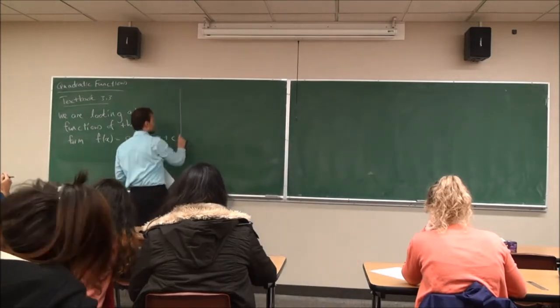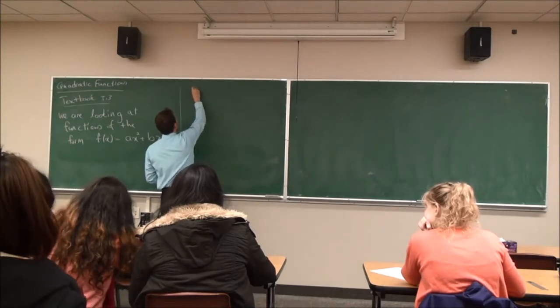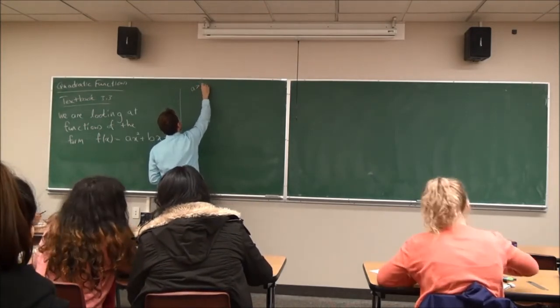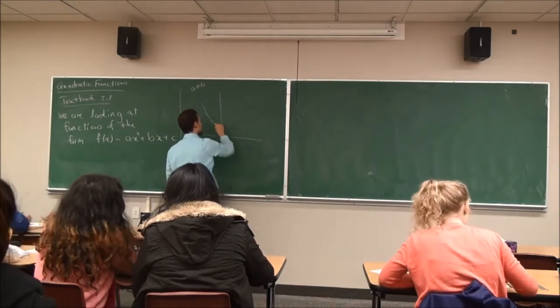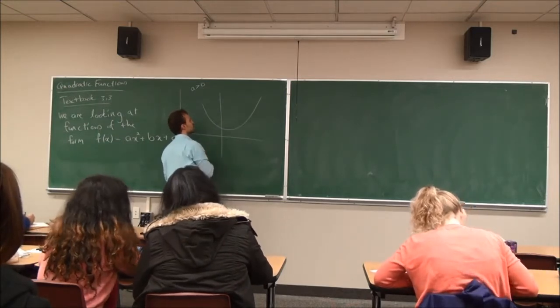So what does this function's curve look like? If I have a greater than 0, then it has the following shape. A parabola, and it's pointing up.